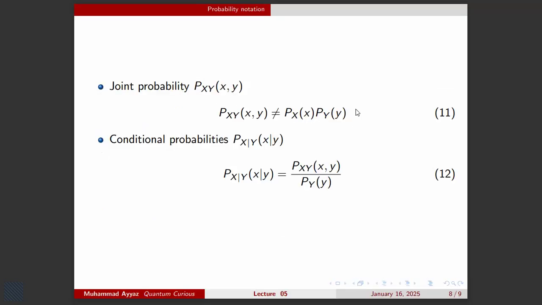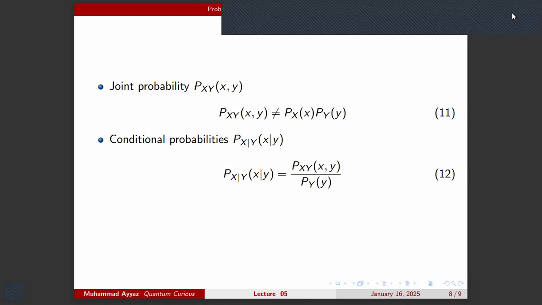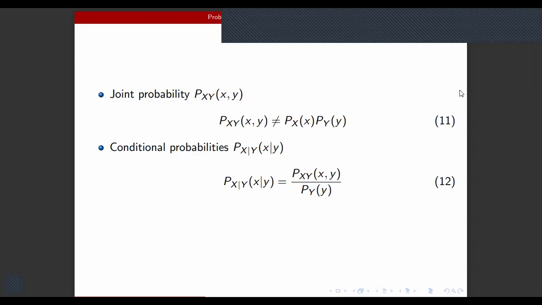So consider we have two random variables x and y, and they can take values from finite sets X and Y respectively.